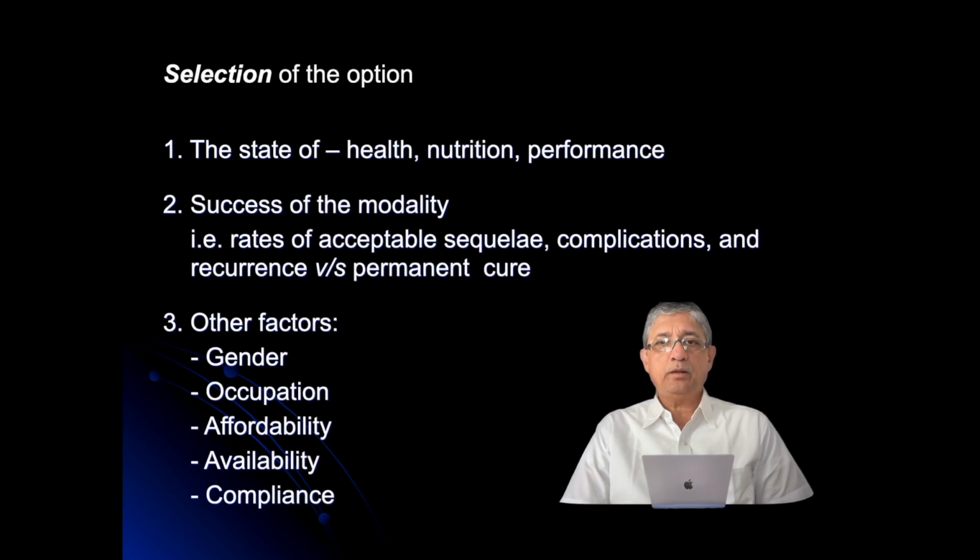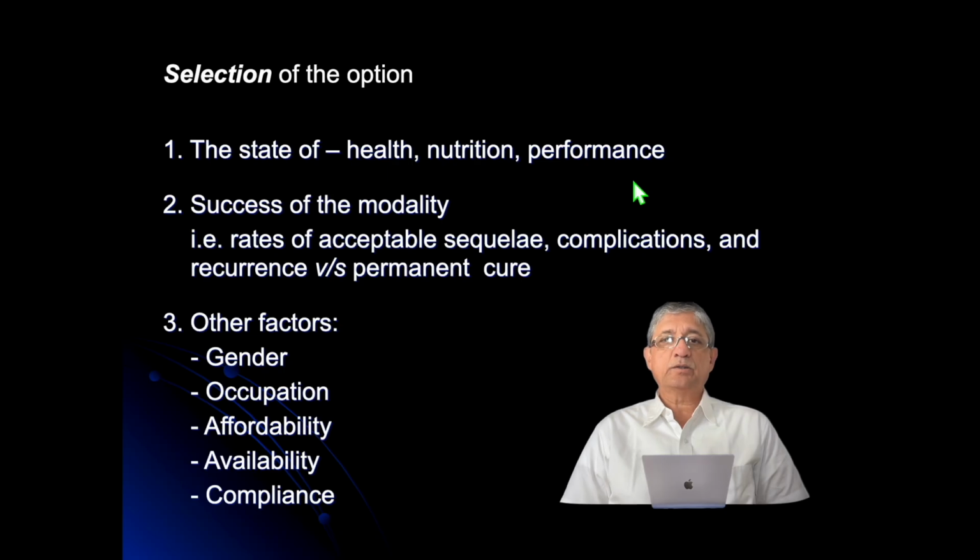Now comes the last step, selection. Selection of the option and selection of the place to treat. Select the most appropriate option taking into account these factors: the state of health, hydration, nutrition, and performance. These parameters will let you know if the patient will be able to withstand the option of treatment selected or otherwise.